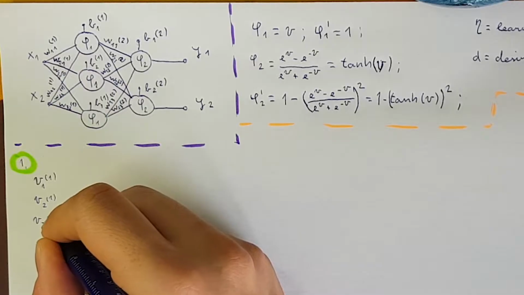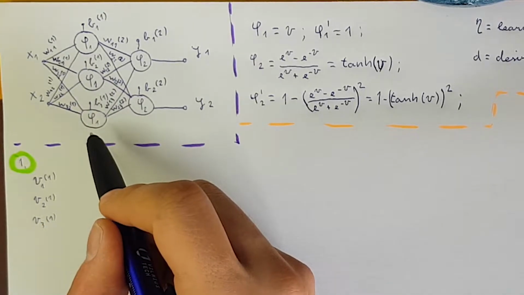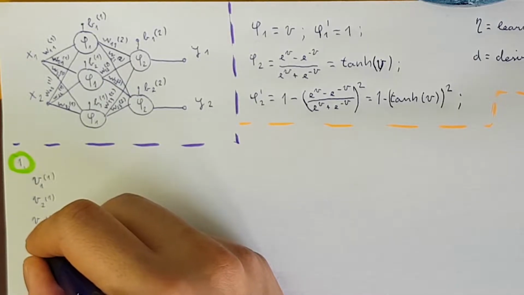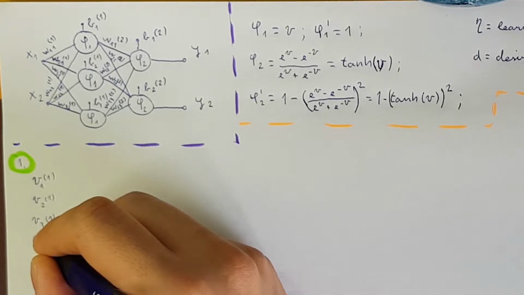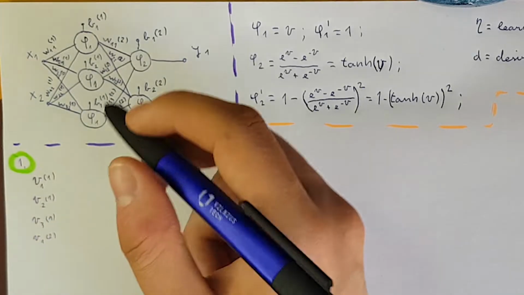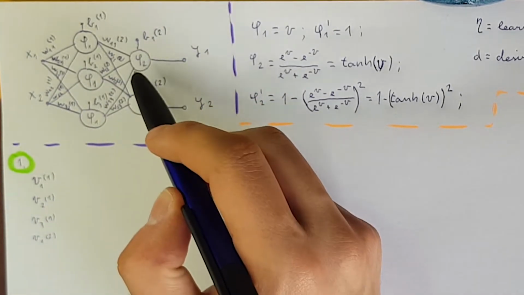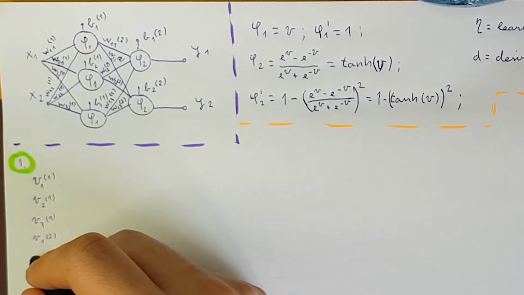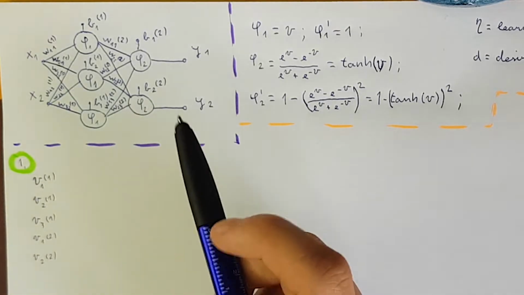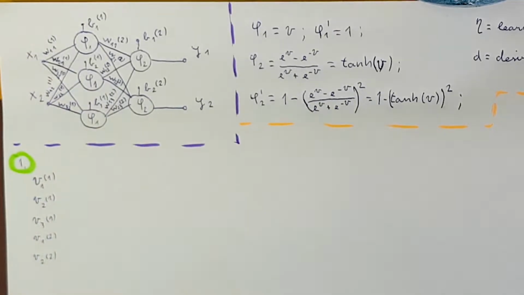V3 of first layer is for the third neuron. V1 of second layer is for this neuron. V2 of second layer is for our last neuron.